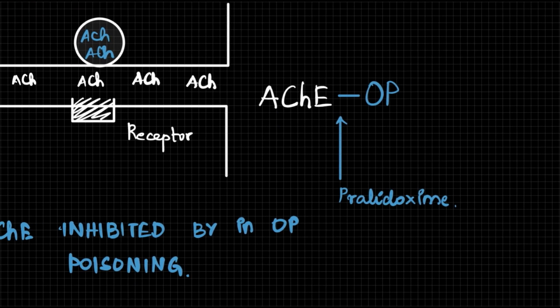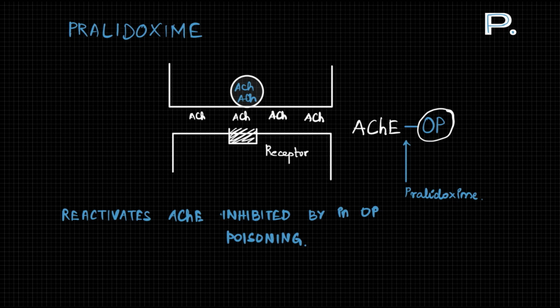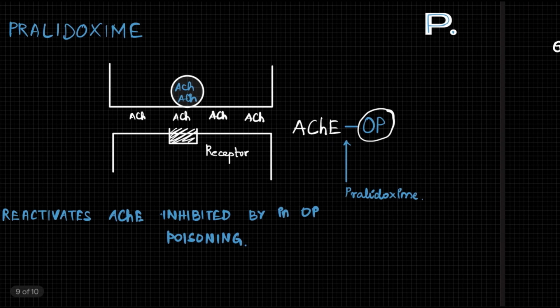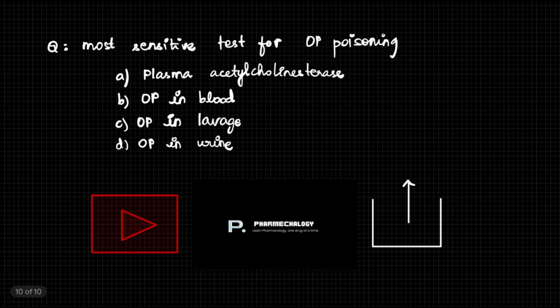So what does pralidoxime do? Pralidoxime removes the organophosphate which is ready to become irreversibly bound to the acetylcholine esterase, therefore bringing the acetylcholine esterase back into action to do its normal function. The mechanism of action can be stated as: reactivates acetylcholine esterase inhibited by organophosphates in OP poisoning.